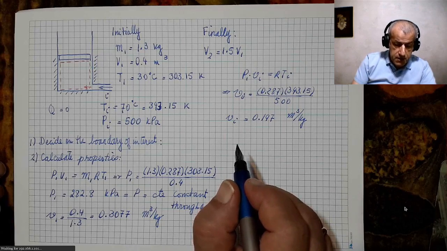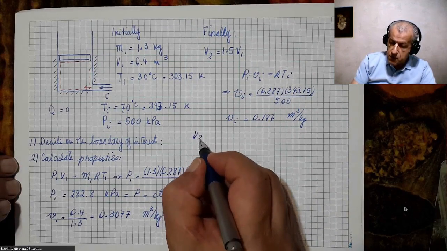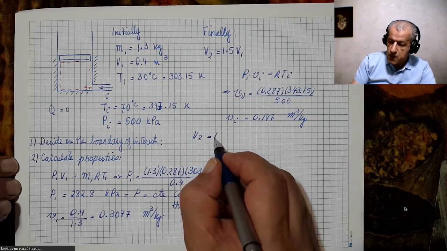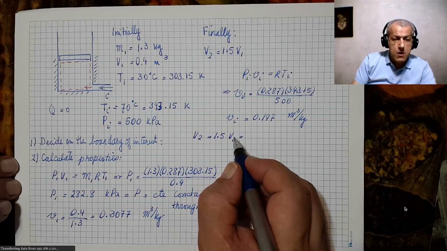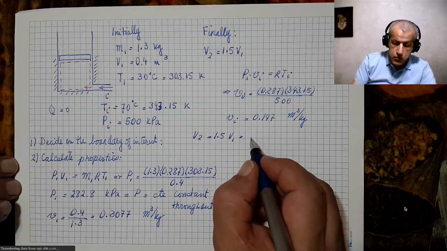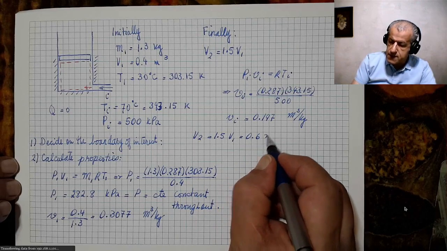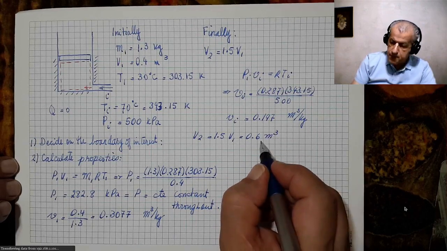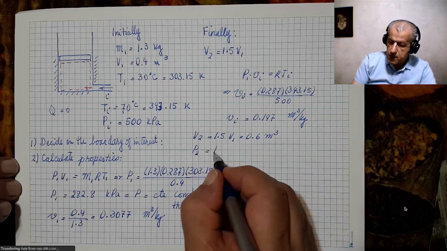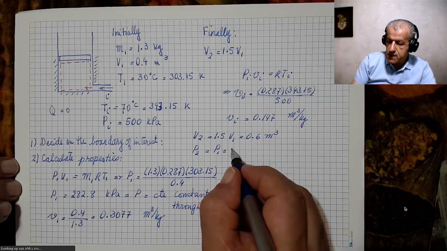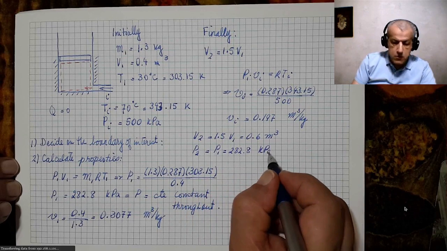Now we can move to the final condition. For the final condition, we know that V2 equals 1.5 V1, and since V1 is 0.4 cubic meters, V2 would be 0.6 cubic meters. Also, we have P2, which equals P1, and that is 282.8 kilopascals.